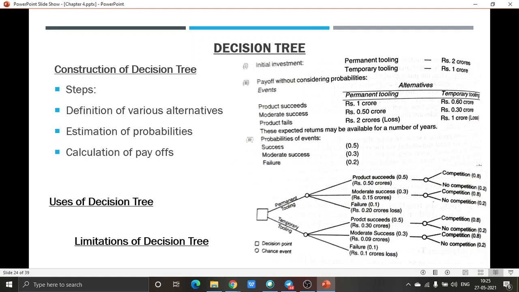If we are telling it in terms of this particular decision tree, the expected payoff for permanent tooling, if the product succeeds and competition exists, would be 1.0 into 0.5 into 0.8.